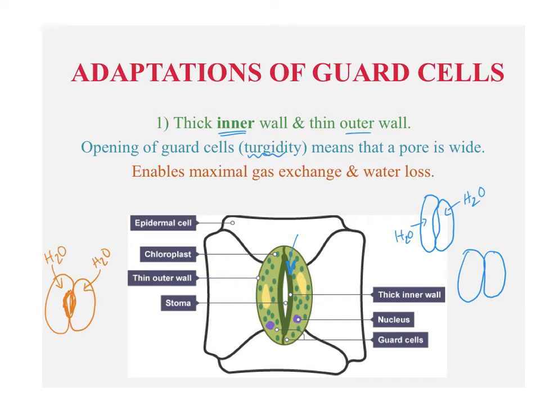Okay, so they're just going to stretch a little bit, and that gives us a nice stomatal opening, whereas the rest of the cell is going to curve around. So you can see with that thicker inner wall, that provides a better hole, a better pore, and a wider stomata for gas exchange to happen. Okay, it's going to enable maximal gas exchange, which is ultimately only going to serve to benefit the plant.